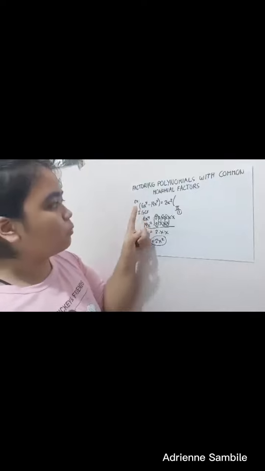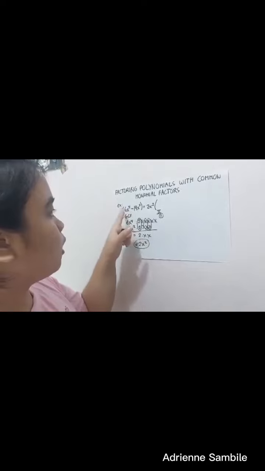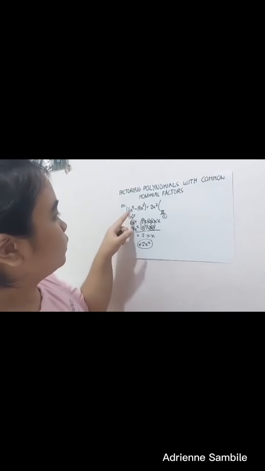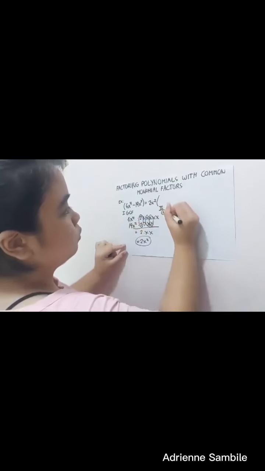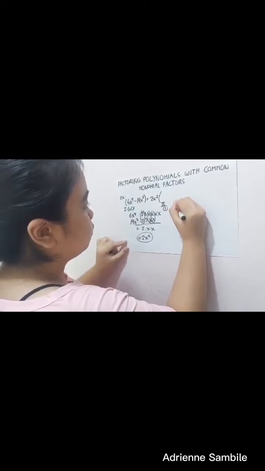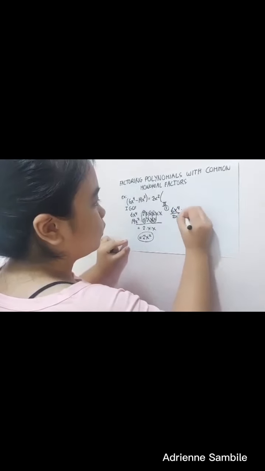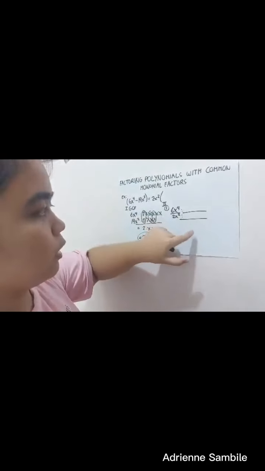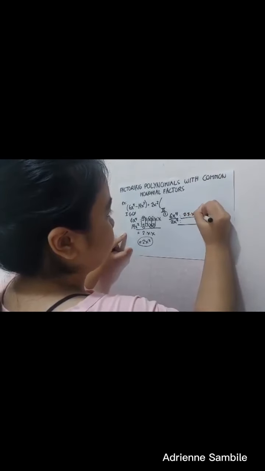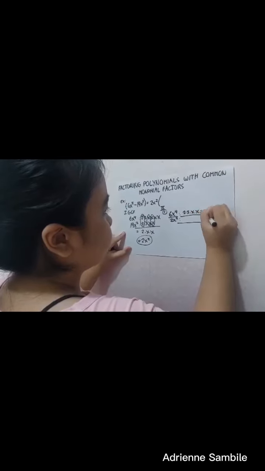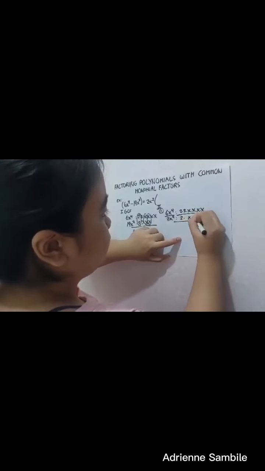Next, in part 2, number 1, we need to do the canceling. 6x raised to 4 divided by 2x squared. Same as with the GCF, let's find the prime factors. So, here, 2 times x times x.